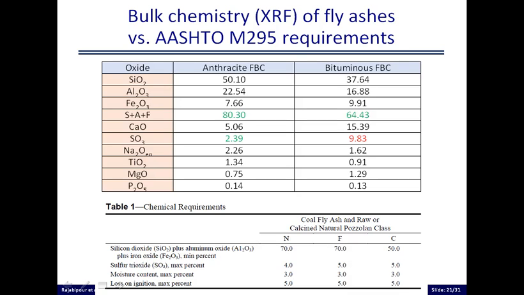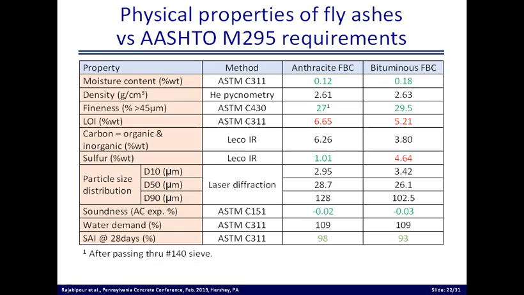The alkalis are at a moderate level. If you go to the next slide, the physical properties, moisture content, density, and fineness are pretty good and meeting the specification. You can see the LOI for both ashes is elevated, and we'll have to check to see if we can make good quality, well air-entrained concrete with these, and I'll show you some of those results in a minute.